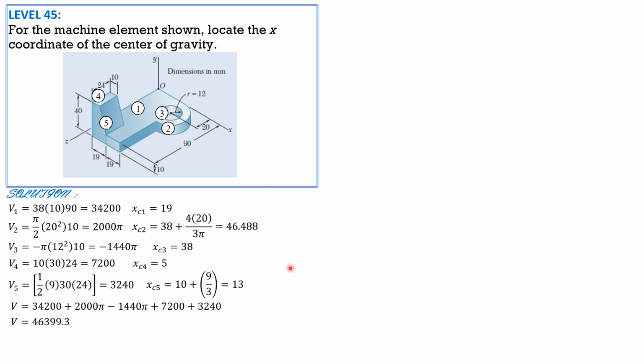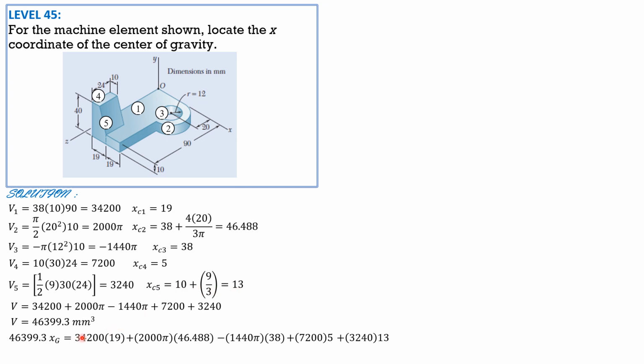So the volume is 46,399.3 mm³. Then 46,399.3 xg is 34,200 times 19 plus 2,000π times 46.488 plus negative 1,440π times 38 plus 7,200 times 5, then plus 3,240 times 13.